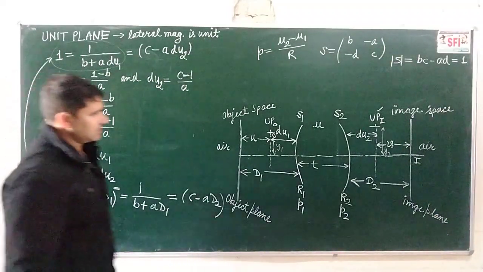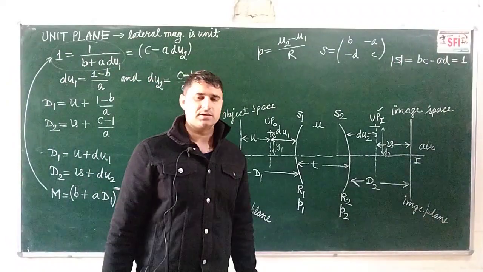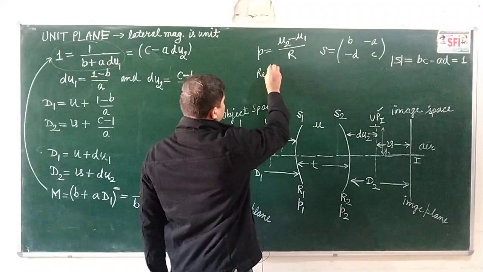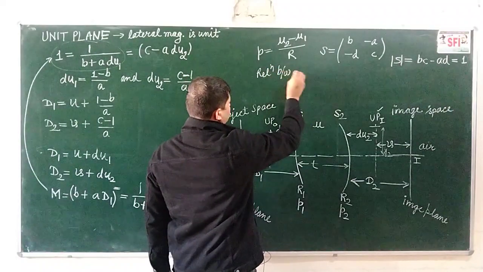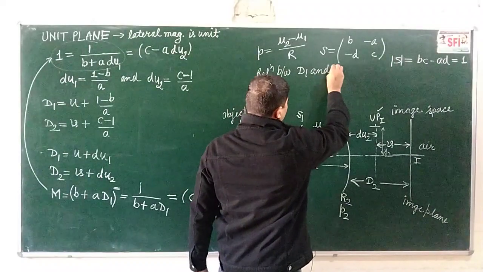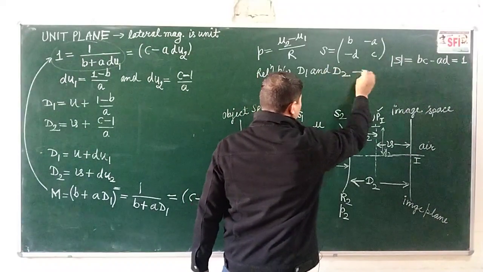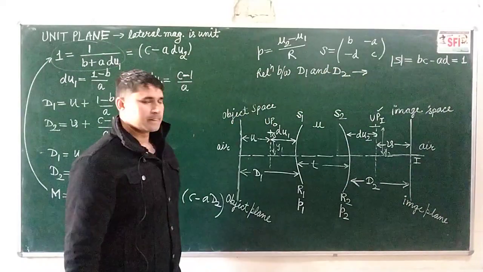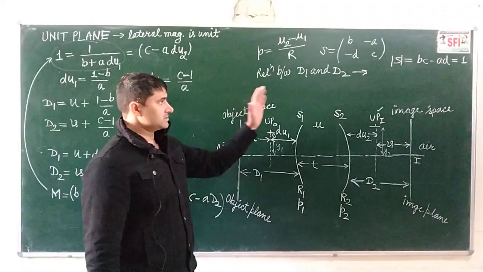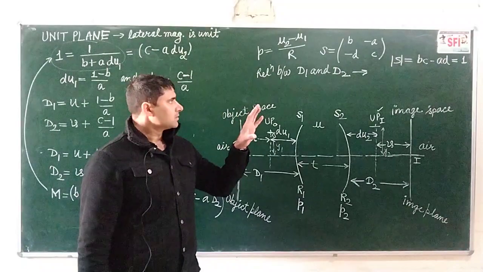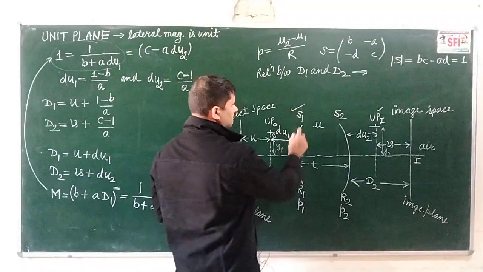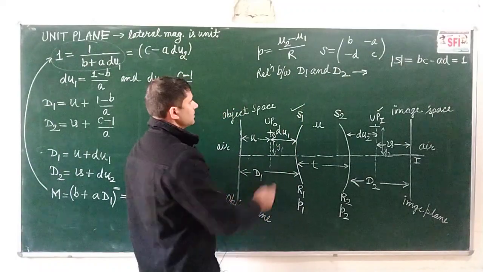And one more relation which you have obtained in the previous lectures is the relation between d1 and d2. These all relations we have obtained in the previous lecture, where we have found the system matrix for the optical system. Here the optical system is a thick lens.